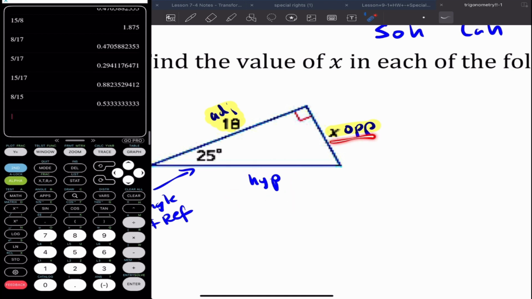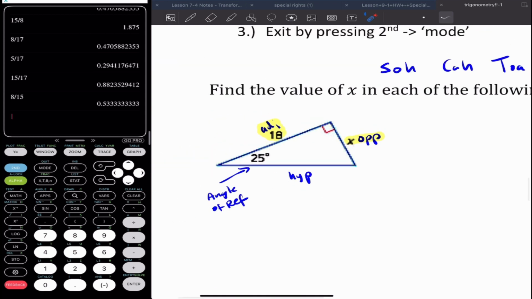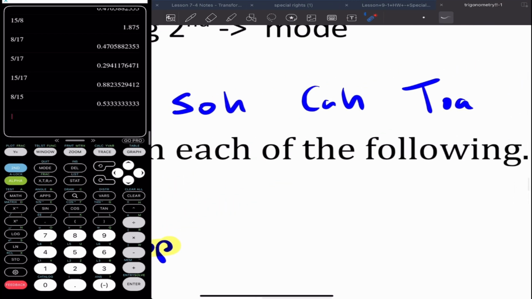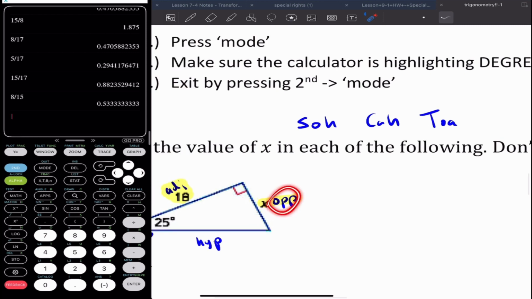The opposite side has a given measure, and the adjacent side has a given measure. So if I have opposite and I have adjacent, look at your SOHCAHTOA. Tell me which one should I use in this scenario. Because I have opposite and adjacent, which one has opposite adjacent? Here's OA, that's TOA. So that means I'm using the tangent function.